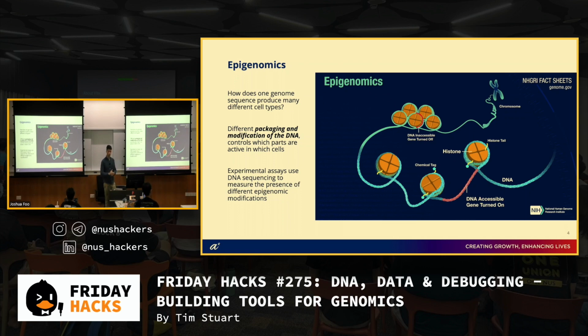These modifications can also be heritable across cell division. This can instruct the cells to have certain areas of the DNA turned on and off in different cells, and this information can be maintained. So if we want to study the genome and understand how it's being used in different cells, being able to measure these epigenomic marks becomes very important.